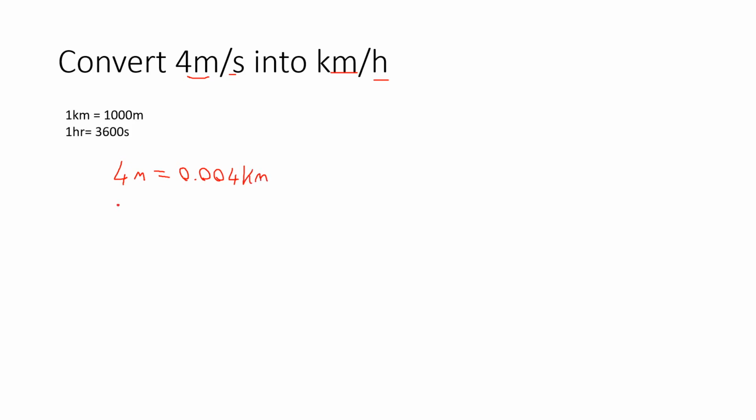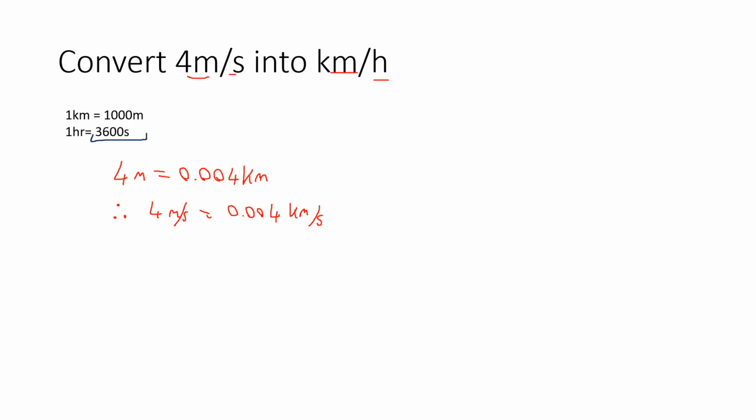Okay. And so therefore, 4 meters per second is the same as 0.004 kilometers per second. Okay? Now, that's how much it rides in 1 second. So per hour, all we're going to do is times this by 3,600.